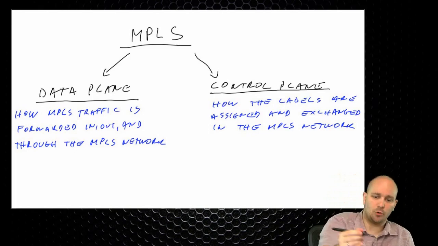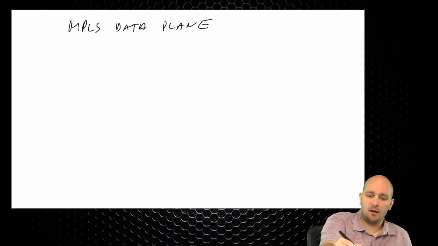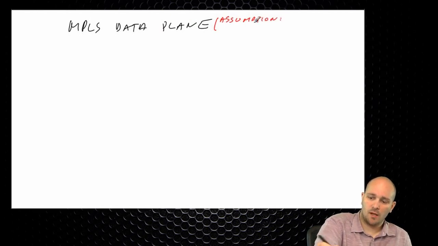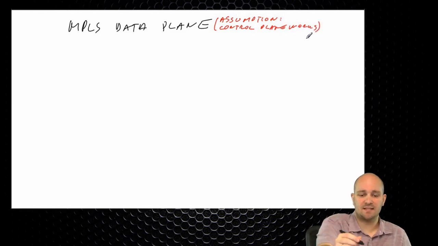So the first thing that I'm going to talk about is the MPLS data plane. And I'm going to work under the assumption here that the control plane works. So this is the assumption here.